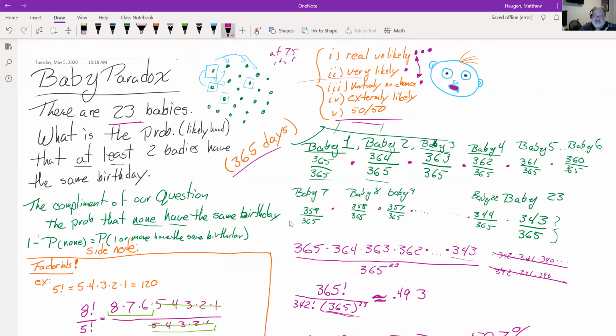It's 99.97% chance if you have 75 babies. So if you have 75 people in a room, there's a virtually 100% chance two of them will have the same birthday. And that just should seem crazy. Maybe should, maybe shouldn't. Not to Grace, which is good because it's not crazy.